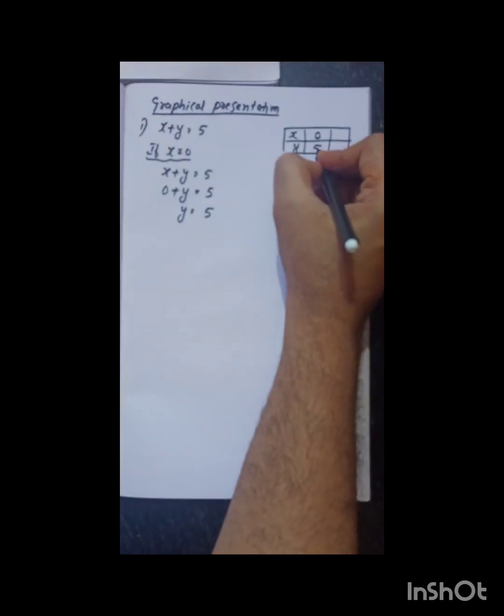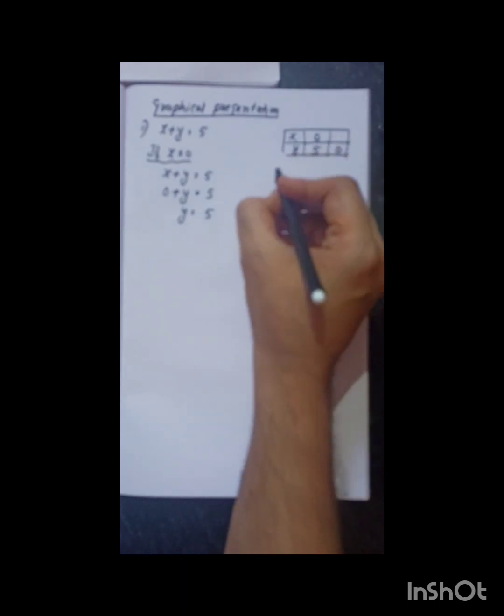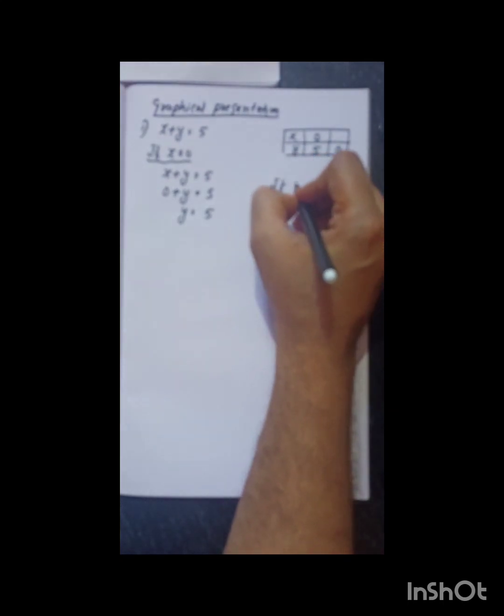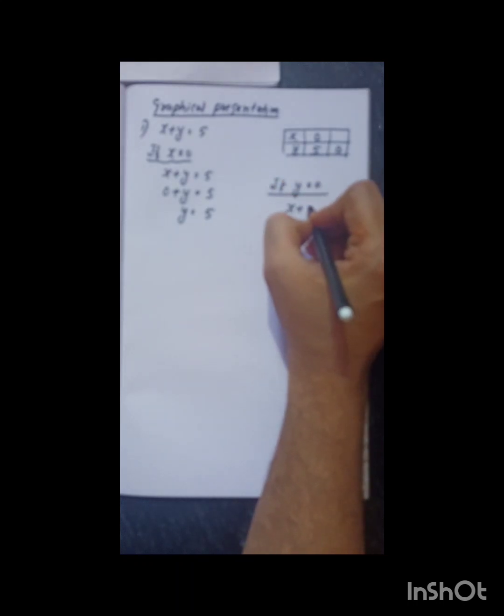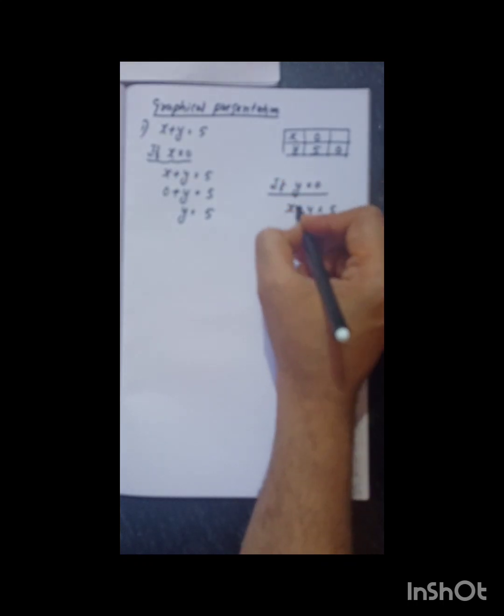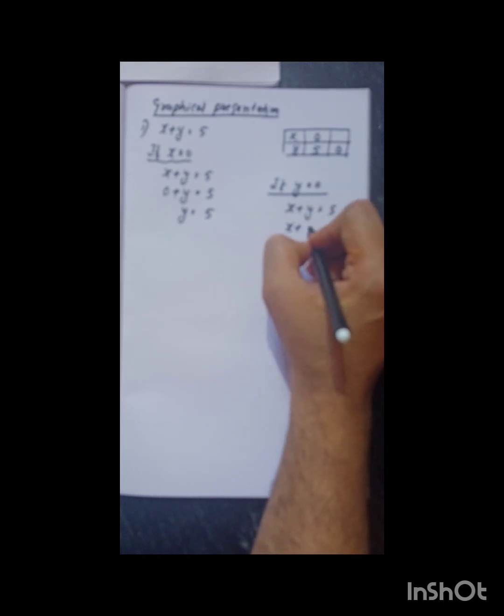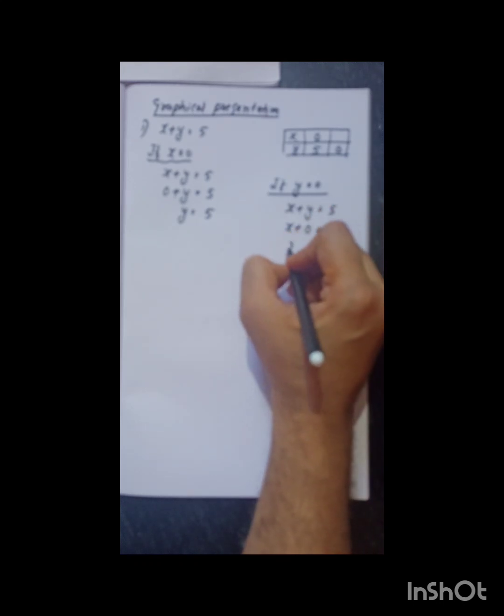So y value is 5. Now put 0 to y. If y equals 0, x plus 0 equals 5. So x equals 5. Here we got x value is 5.